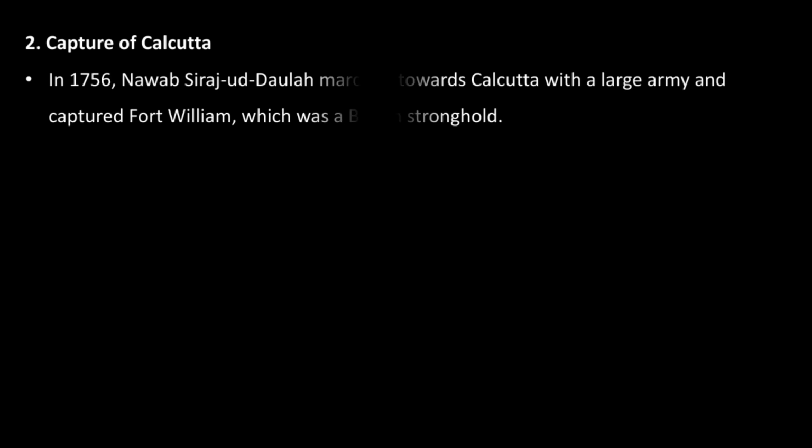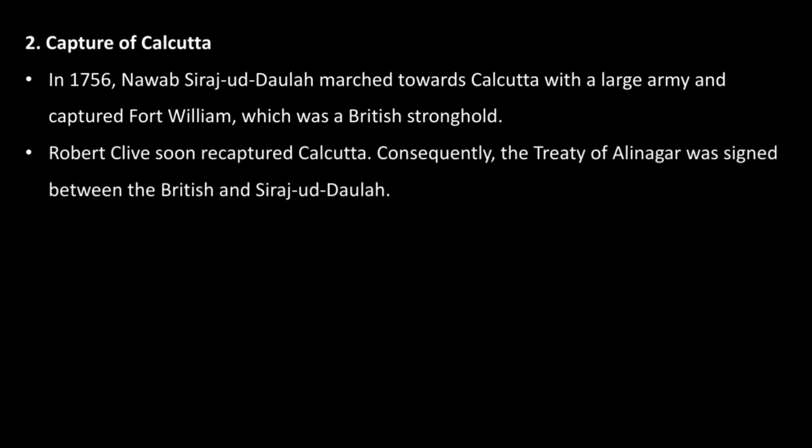And secondly, capture of Calcutta. In 1756, Nawab Siraj-ud-Dowlah marched towards Calcutta with a large army and captured Fort William, which was a British stronghold. Robert Clive soon recaptured Calcutta.